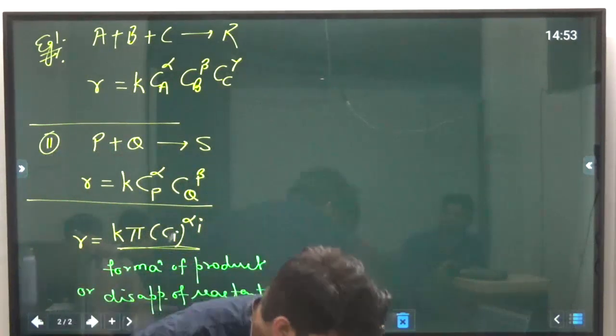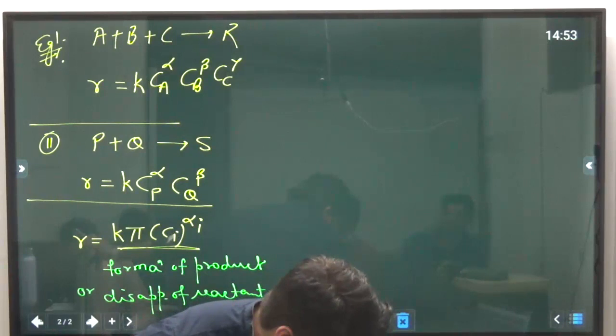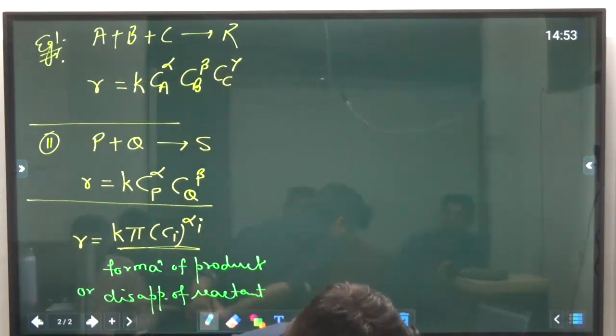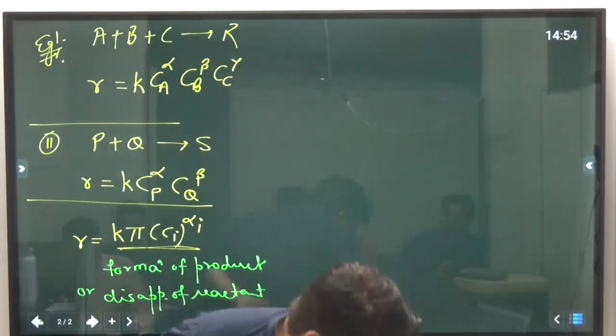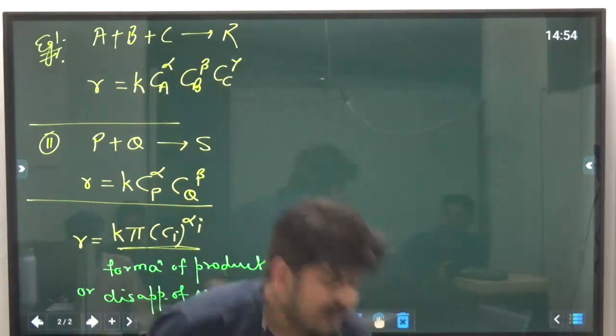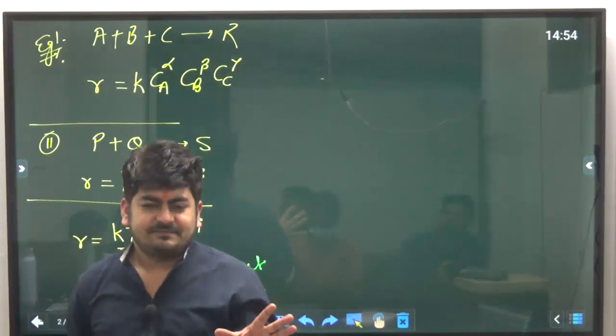Like first one, vapor contains liquid molecule, I don't know about that. Vapor liquid gas equilibrium, don't know. Vapor can be condensed. Yes, like this. Vapor can be condensed.